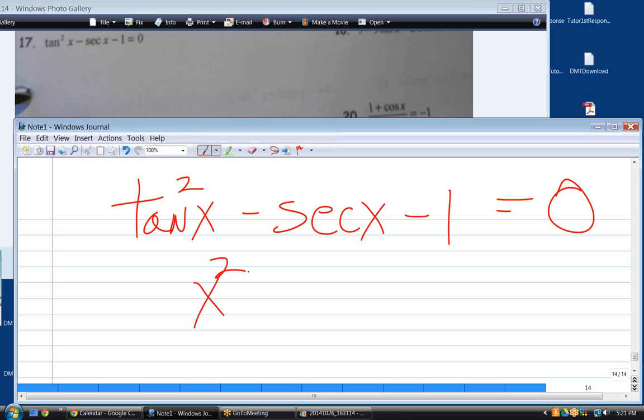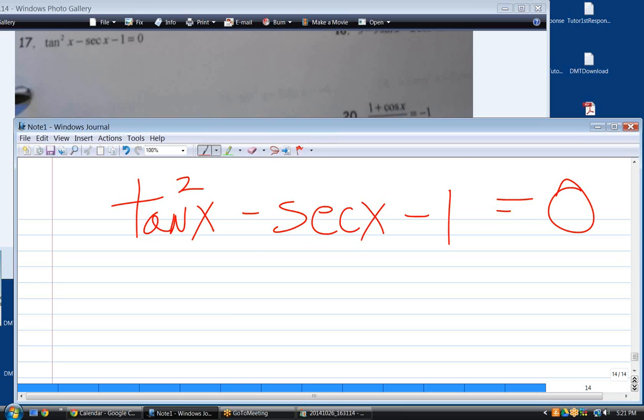In other words, it would be like saying, is that a quadratic? And no, it is not. For me to be able to treat this like a quadratic, it all has to be the same trig function. Okay. So here's where we're going to use our trig identities to turn this into a quadratic that I can solve.